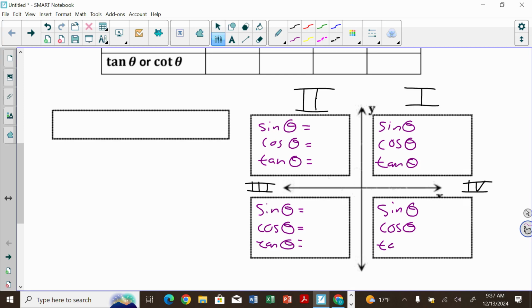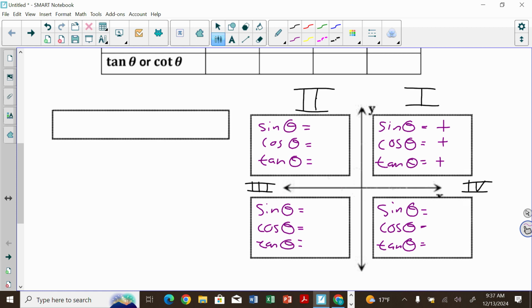Okay, so as you're writing it down, you might want to write this down too: how do we know that these signs are what they are? If we are in quadrant 1, sine is going to be positive, cosine is going to be positive, and tangent is going to be positive. Why is that?